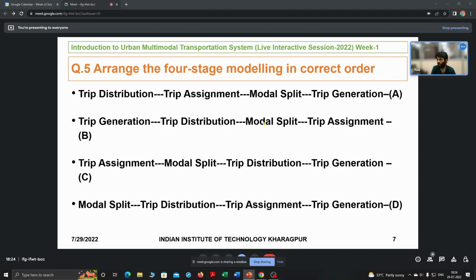Then the fifth question is, arrange the 4-stage modeling in correct order. I want you people to try first, then maybe I will explain each point and also the correct option. So you can answer in the chat box.